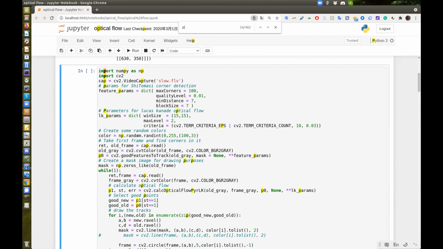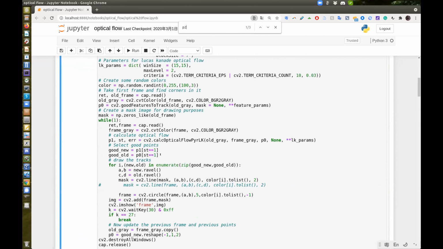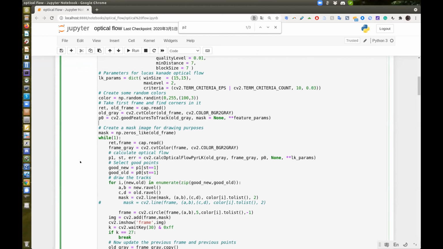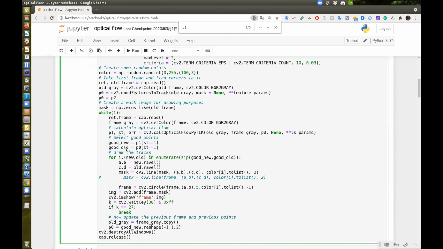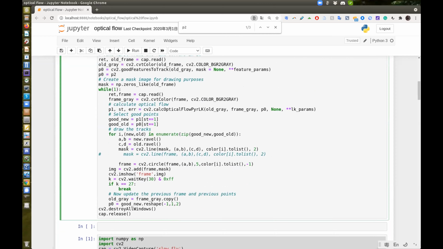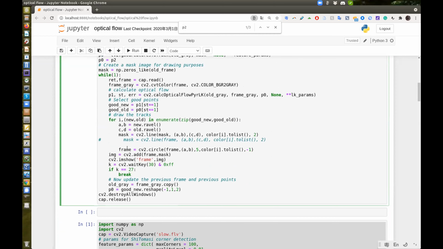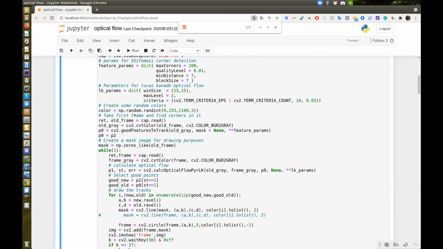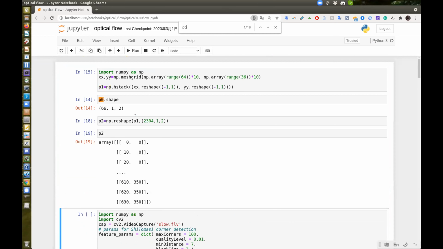It doesn't have P2, PCO. Let's say PCO equal to P2, just overwrite this. And that's a PCO. I have P1 here. I don't think it changed PCO afterward.